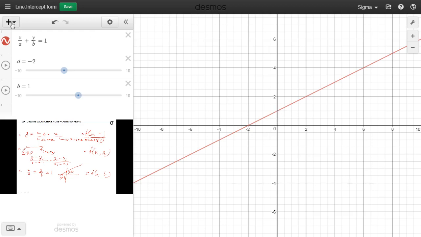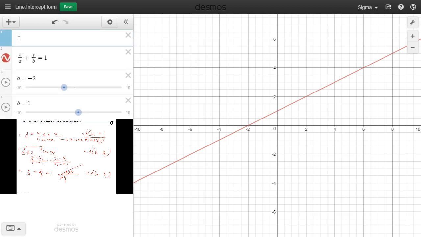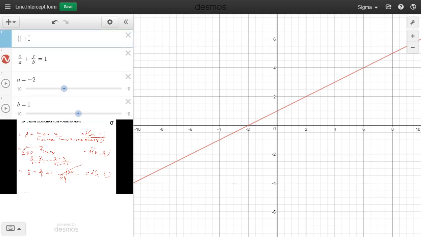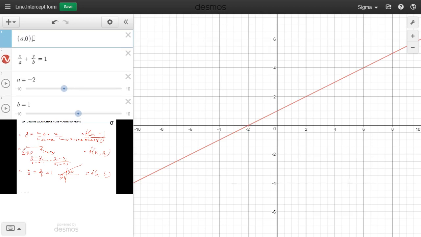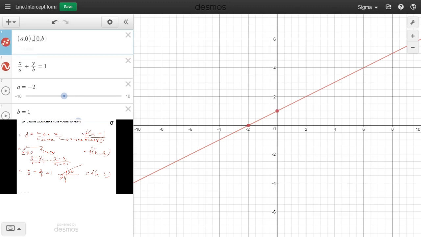I'll label this out so that it's clear to you. One point will be a comma 0, then we close the parenthesis, and then you have 0 comma b. We just label this. Then we can see that we have minus 2, 0 and 0 comma 1.